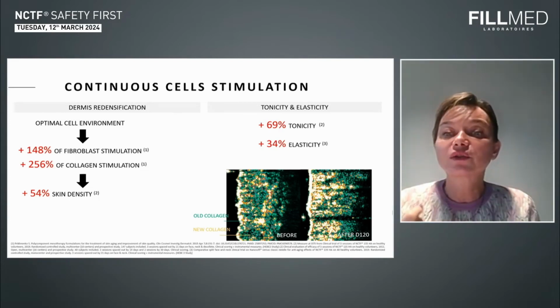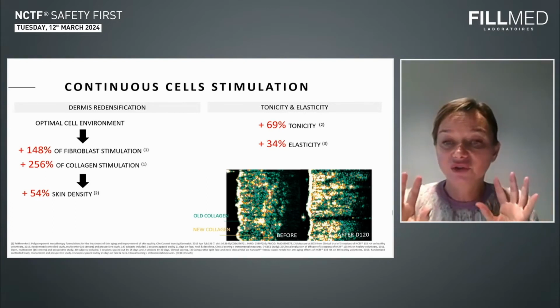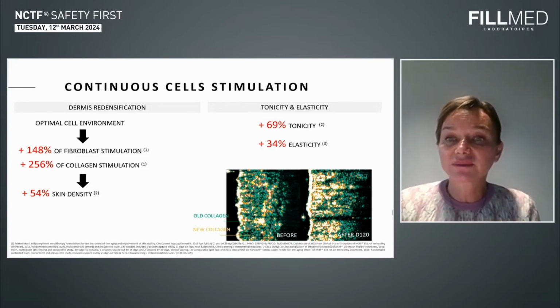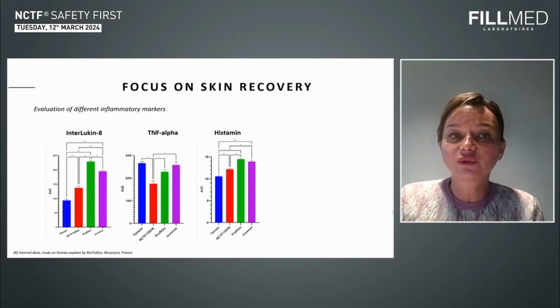You also obtain 69% tonicity and plus 34% elasticity. You can see on these 2 instrumental echography data how much new collagen we can produce after 3 sessions. That's why it's called a real regenerative solution.